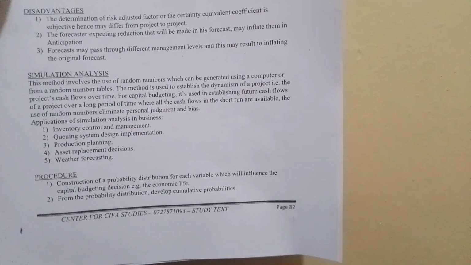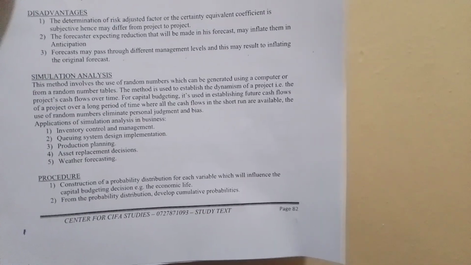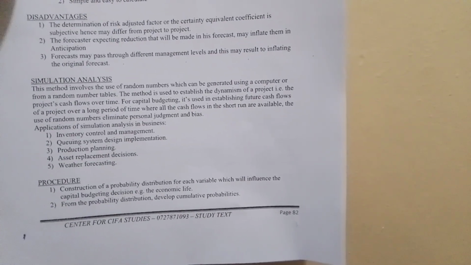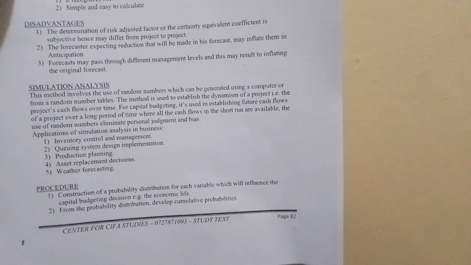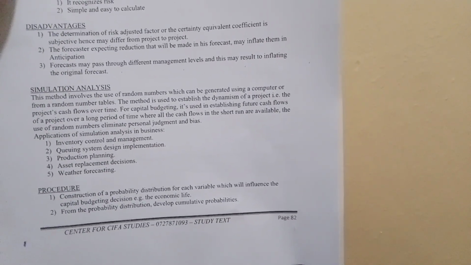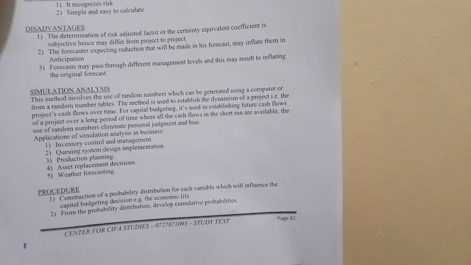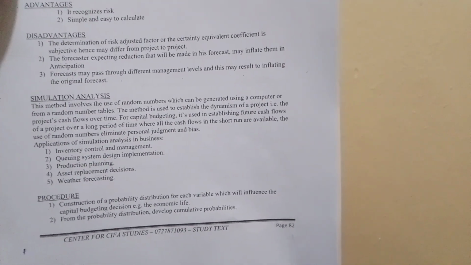For capital budgeting, it's used in establishing future cash flows of a project over a long period of time where all the cash flows in the short run are available. The use of random numbers eliminates personal judgment and bias or prejudice.